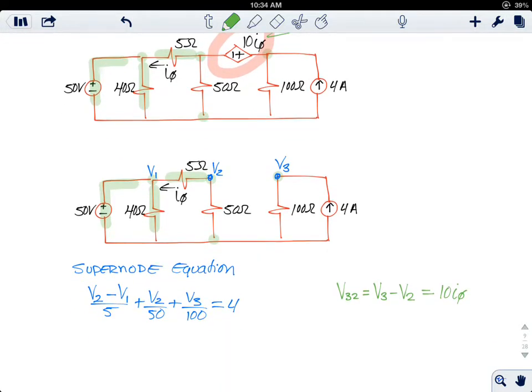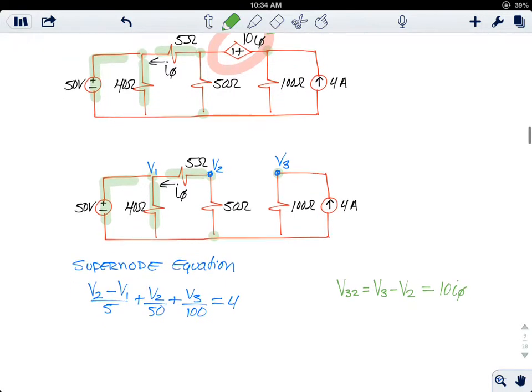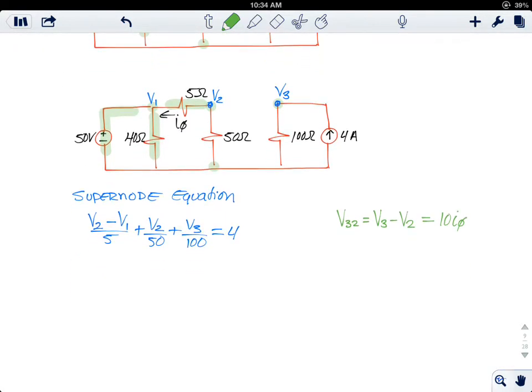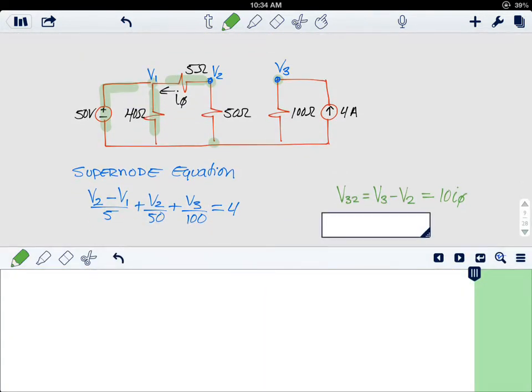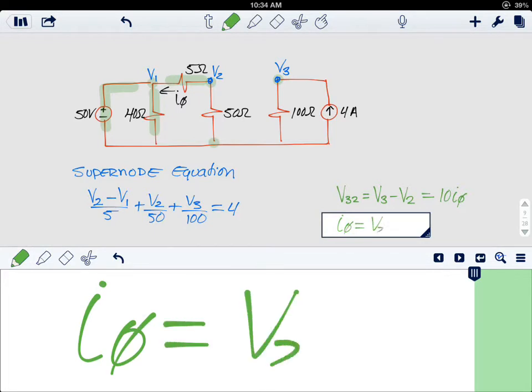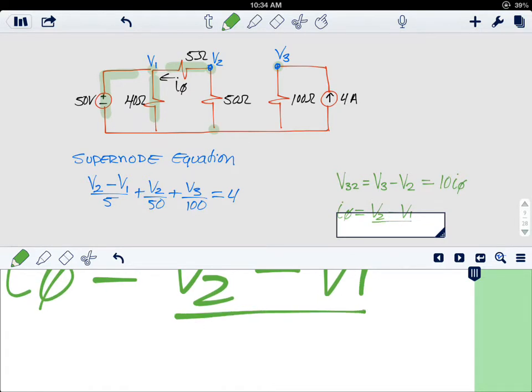And we also know that this current is equal to voltage 2 minus voltage 1 over 5 ohms.